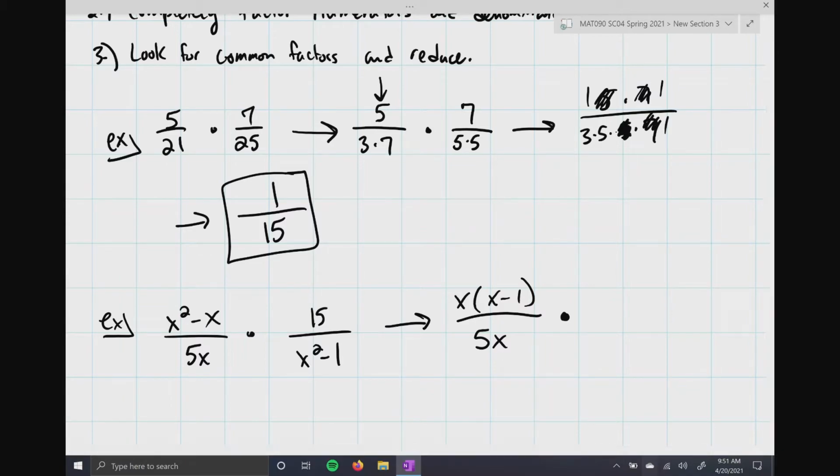That 15, I can write as 3 times 5. And then, in the denominator of the second fraction, that's a difference of squares. So, x plus 1, x minus 1. Like I said, you will see difference of squares a lot.